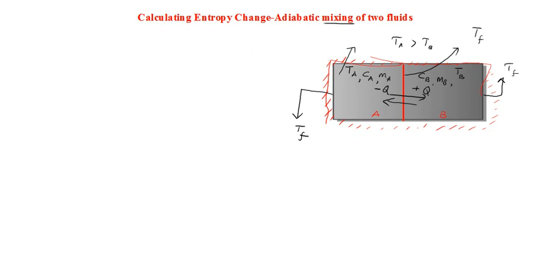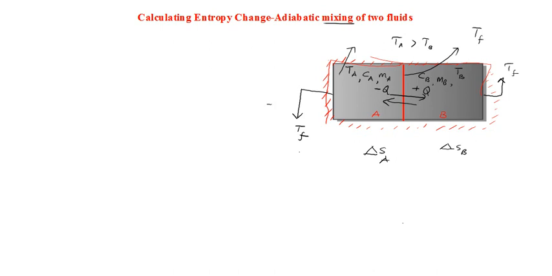So we have to calculate the entropy change of the two subsystems individually: the entropy change of system A, let me call it delta SA, and similarly of system B, delta SB.